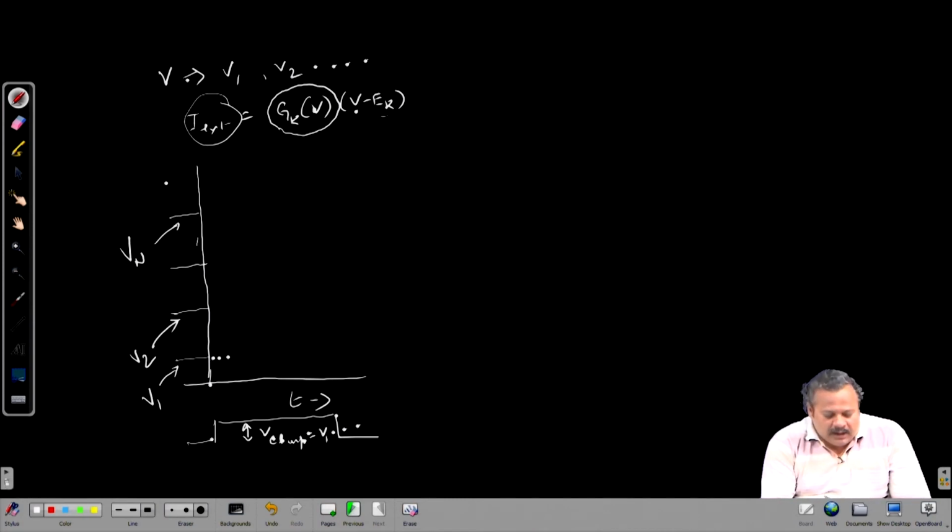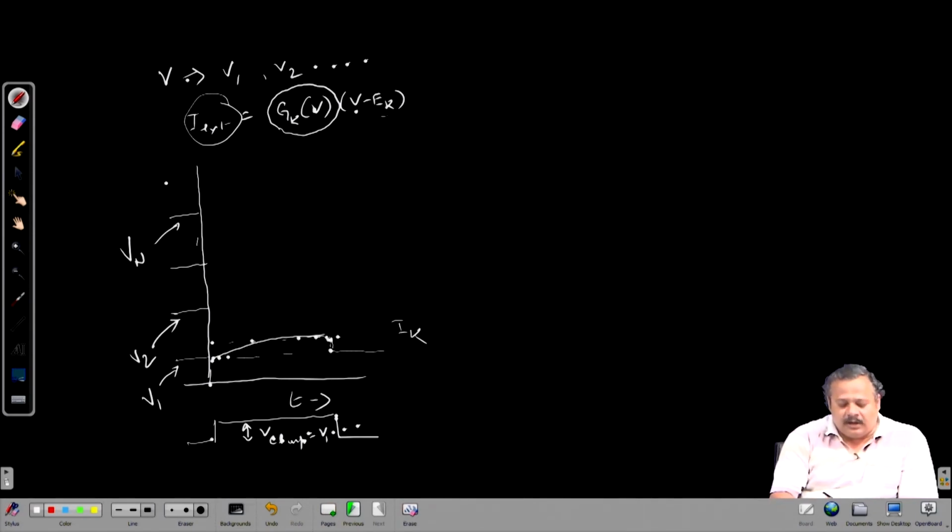And the current is the IK, or I potassium, which we will see increases to a particular value and stays there till the clamp is removed, and then it drops back down to 0 current. Each of these is 0 current, and this axis is current.